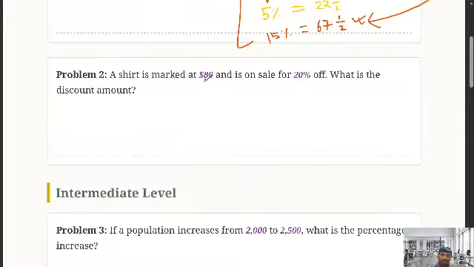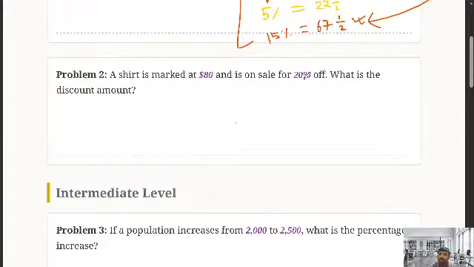A shirt is marked at $80 and is on sale for 20% off. What is the discount amount? The marked price, that is MRP, is $80 and it's on sale for 20% off.